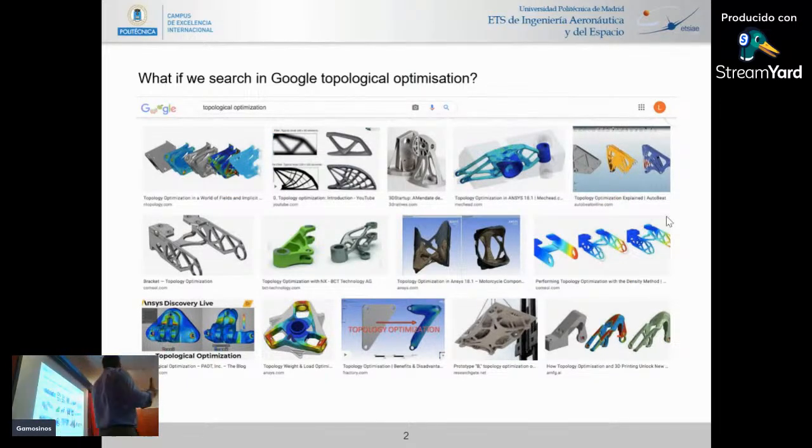Just a quick overview. Topological optimization produces these kinds of shapes that you see. At the end, it's like optimizing the structure. It removes the parts that are not working, just to make it lighter and more efficient. And there are different ways to do it. What we have done here is to create a new way to do it. Why? Because the state of the art is that we can only do this with certain restrictions, with some fitting parameters, and also only applying boundary conditions of displacement.